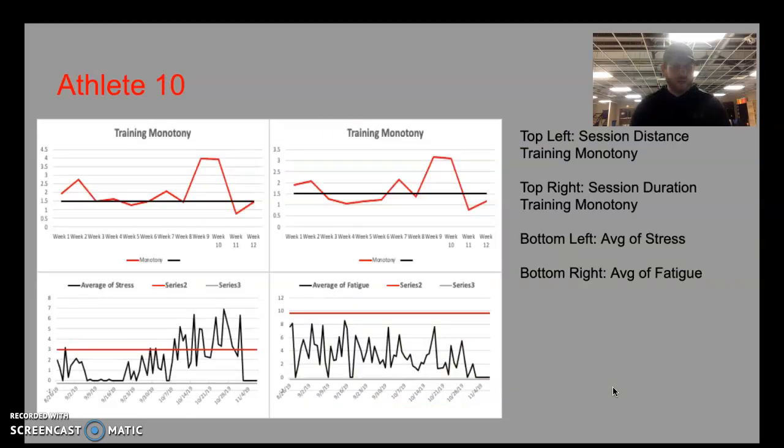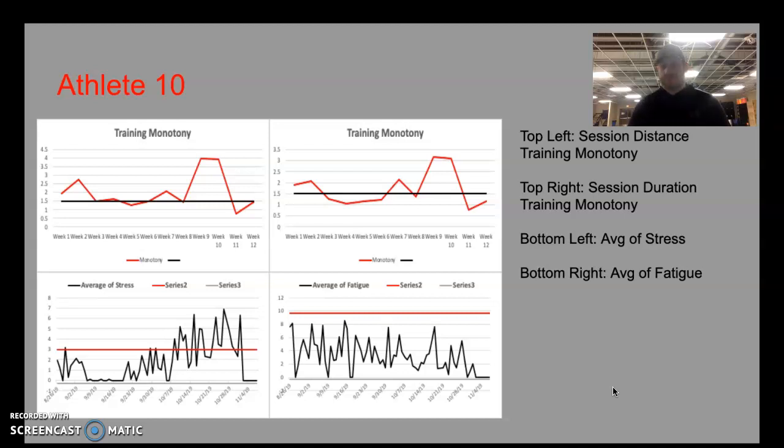Athlete 10, week 9 and 10, they're living above the line. I mean, even week 2, that early season, they're still above the line on their training monotony for distance and duration. And their stress, on the other hand, really starting on 10-7, which I believe is week 7, they're also above the line, steadily creeping up on their stress, and their fatigue is consistently high, around 8.